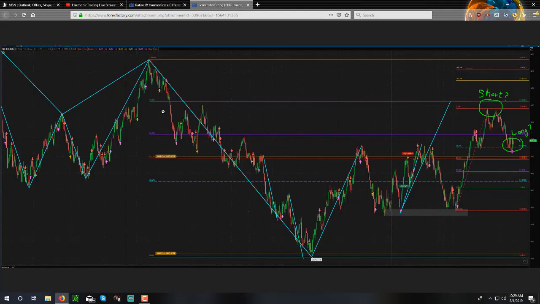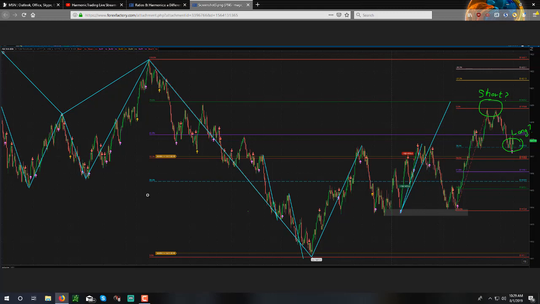Right off the bat, I see what appears to be a bat pattern here that reacted very nicely. And then we have price coming down to make a really, really good projection to the downside. Momentum is pretty decent. Anything that's around 45 degrees or greater is a sign of health from a momentum standpoint.